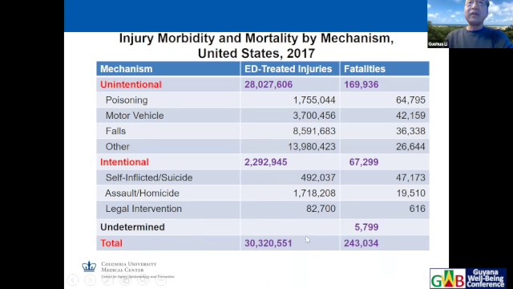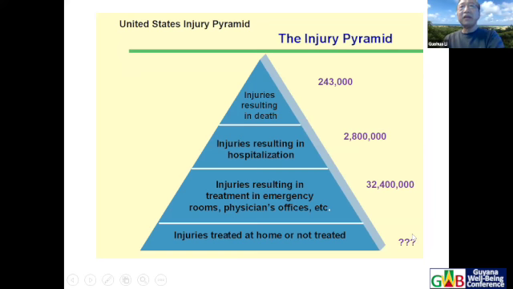In terms of the morbidity, the number is really staggering here. This is the annual number of injuries treated in emergency departments in the United States: over 30 million ED visits for injuries, and about 250,000 deaths from injuries, which account for about 70% of total mortality.